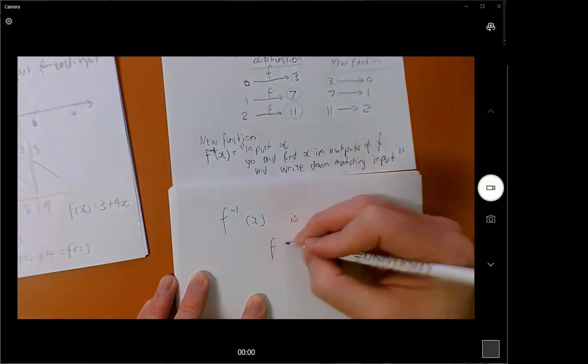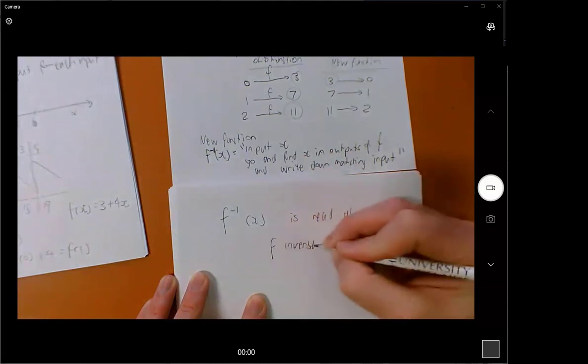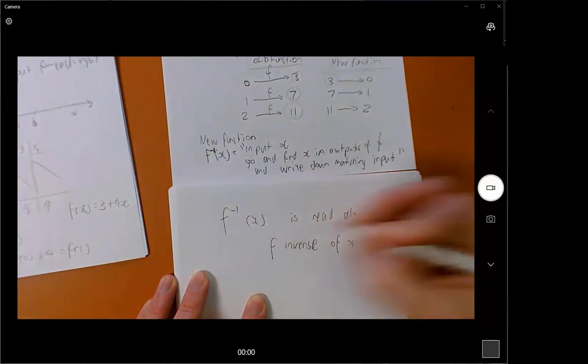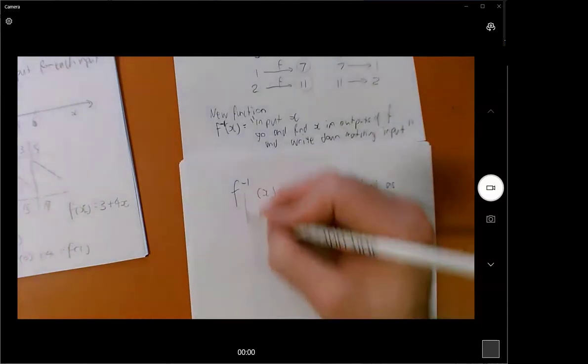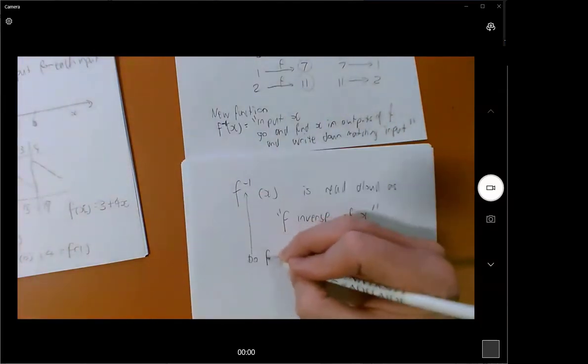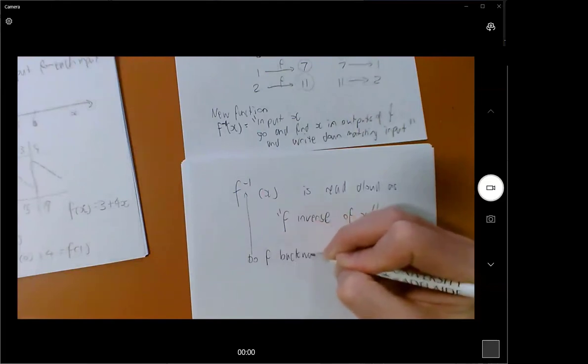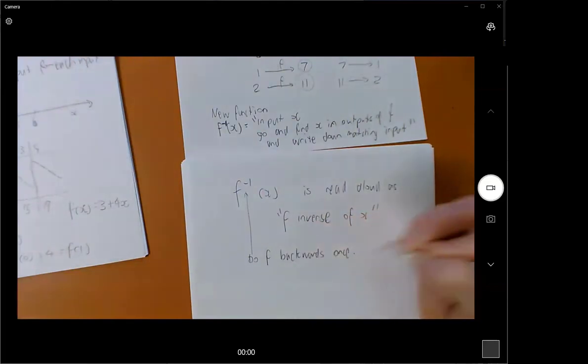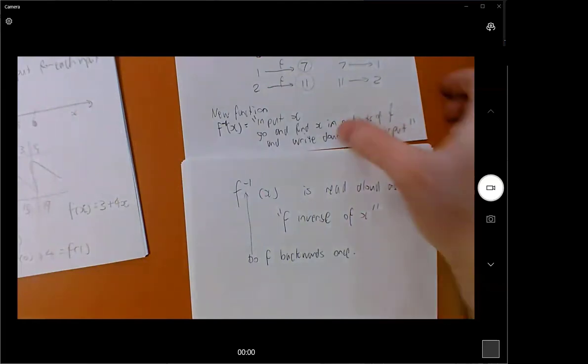As f inverse of x. And then this thing means do f backwards because of the minus once, as opposed to doing it backwards twice, which is something else you could do. All right. Cool.